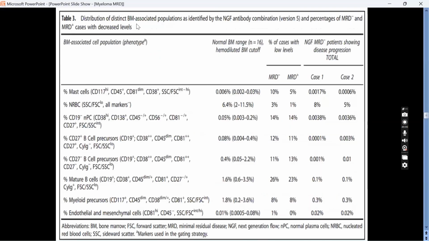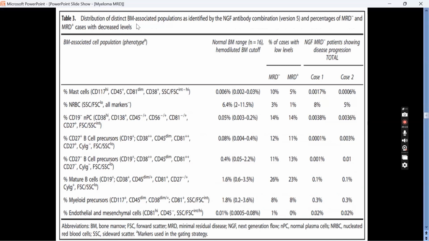As I said, when you're doing a next generation flow, you should also take an effort to check whether the marrow is diluted or not. No point in acquiring 10 million events when all those events are predominantly from peripheral blood. Correct? Still, it could be MRD negative and the patient may relapse in the future.